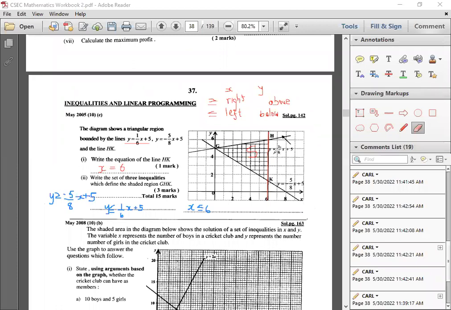So in this case, when x equals 0, y is going to be equal to 5, right? And when y equals 0, then x is going to be equal to 30. That's it? Yes.